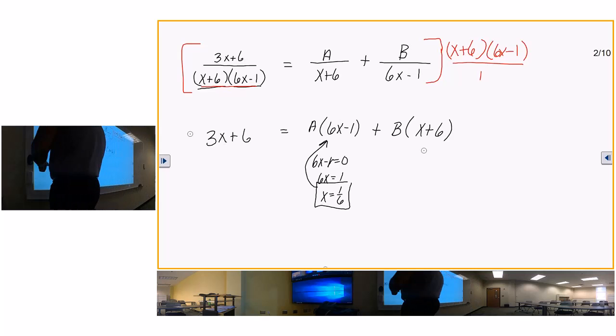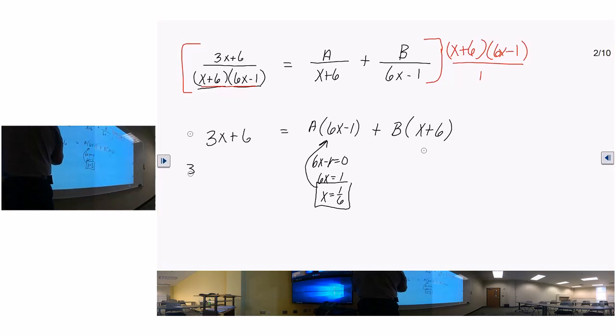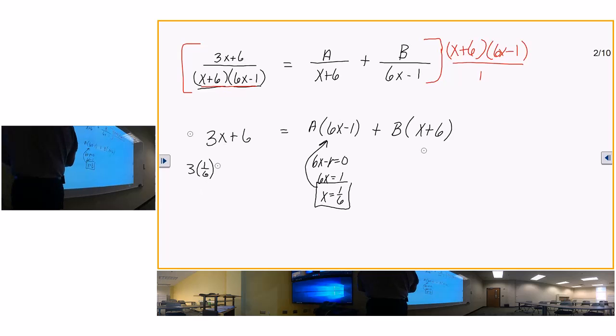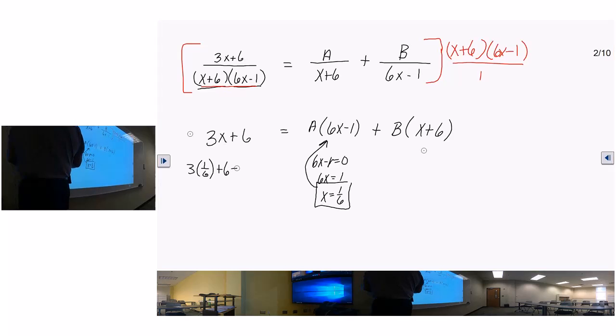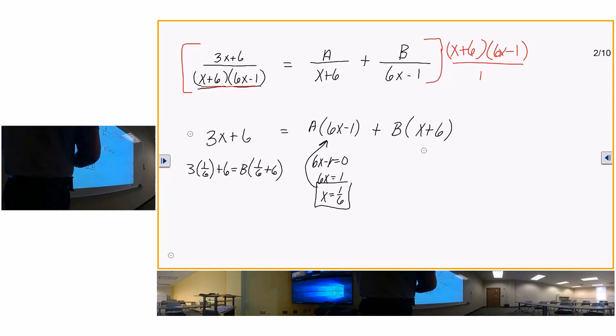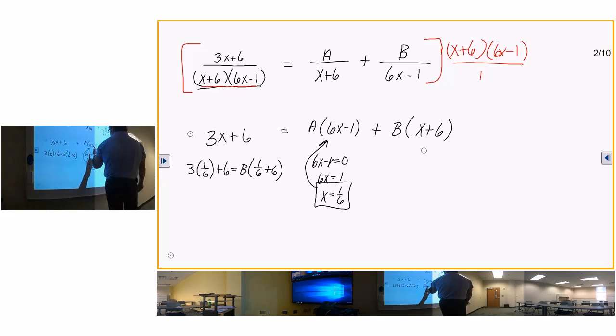So here we go. 3 times 1/6 plus 6 is equal to b times 1/6 plus 6. Okay? Because if I plug in 1/6 right here, I'm going to get 1 minus 1, which is 0. 0 times a is 0, and it cancels out.